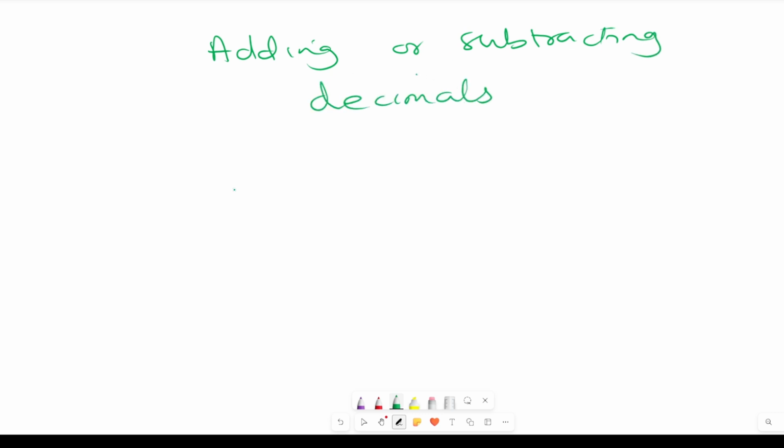It's simple. We started looking at numbers and we were expected to be able to add numbers like 12 plus 4, 16 minus 3, and so on and so forth. But what if they are decimals? It's still simple and we are still expected to be able to do that.